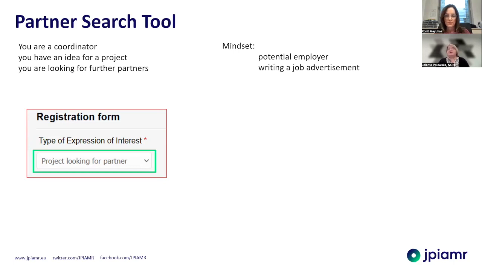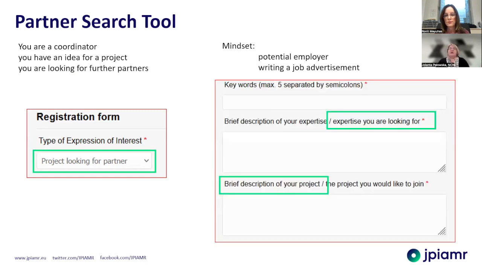In a sense, you're writing a job advertisement because you already have an idea. Okay, so then the brief description should focus more on the expertise that you are looking for. And the brief description of the project is the description of what you have in mind. Okay, so this is where you want to build a team to do.